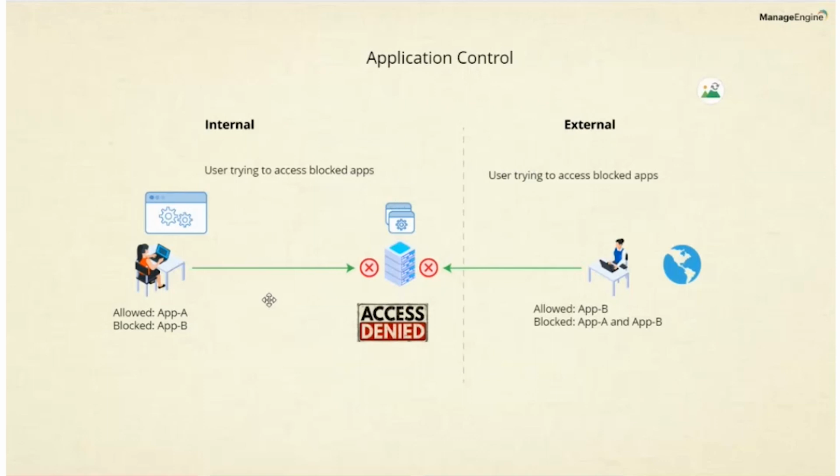So the user will be assigned policies, allow list and block list, and if the users, whether it's an internal or external user, are trying to access the blocklisted applications, access will be denied.